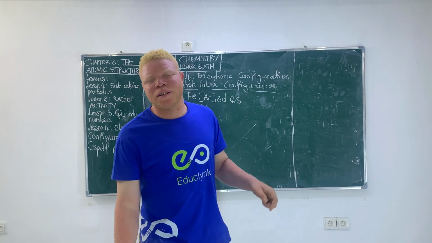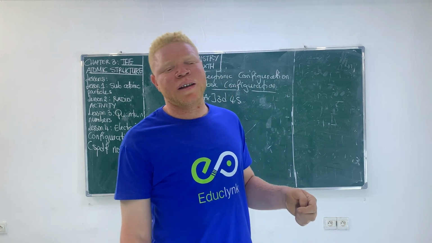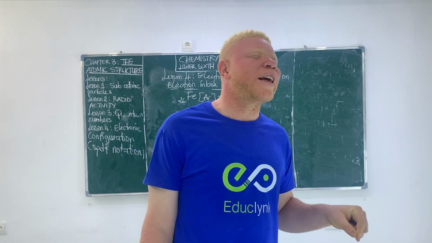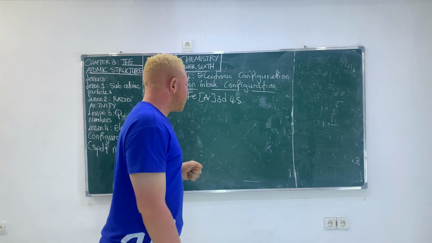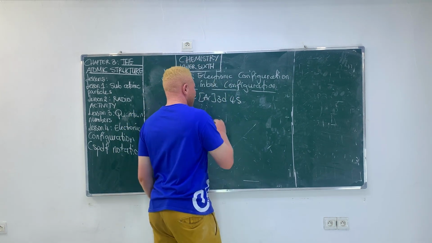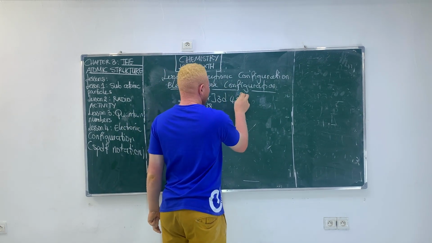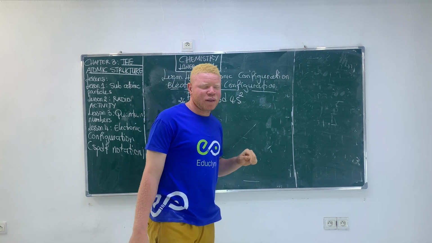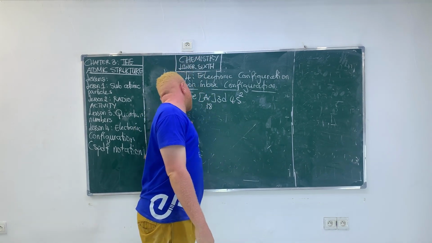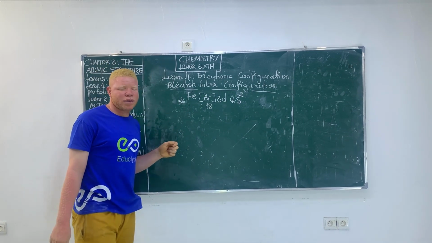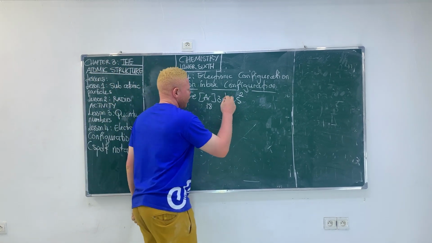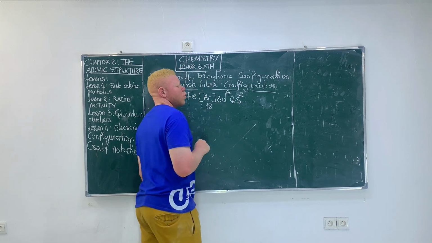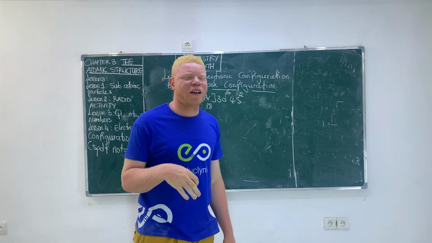Remember that by filling these quantum cases, or filling the subshells, we first fill the S orbital before filling the D. The atomic number of argon is 18, plus 2 is 20. Out of 26, we write the 6 remaining electrons. So this is the normal configuration of the element.